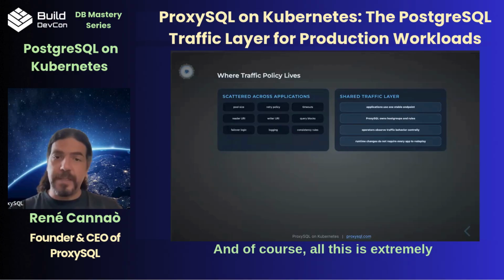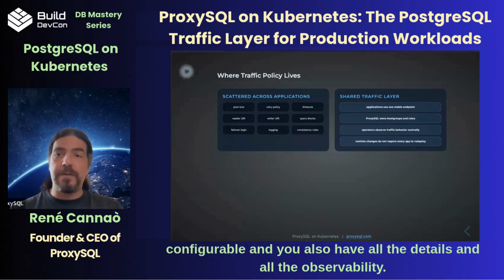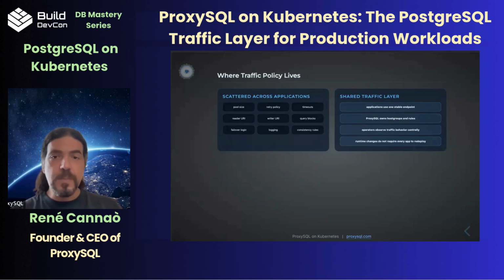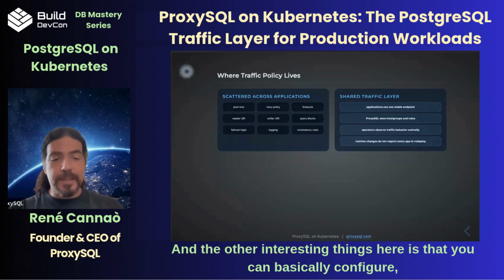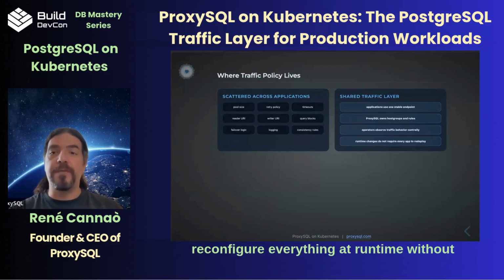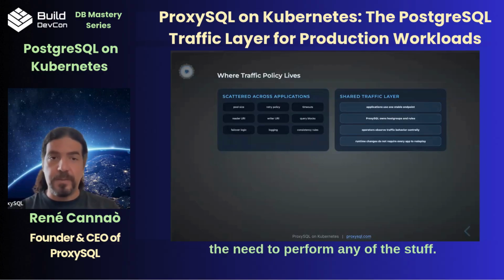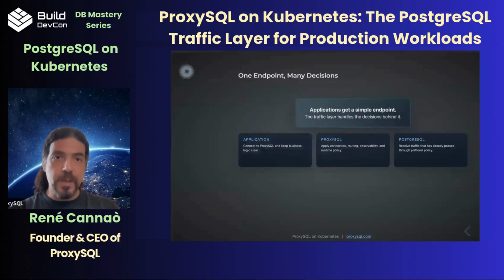Of course, all this is extremely configurable, and you also have all the details and all of the observability. The other interesting thing here is that you can basically reconfigure everything at runtime without the need to perform any restart.